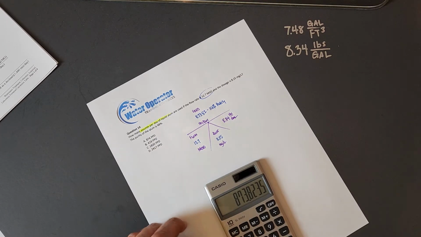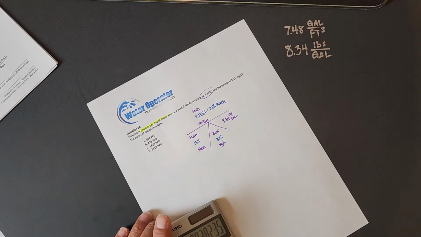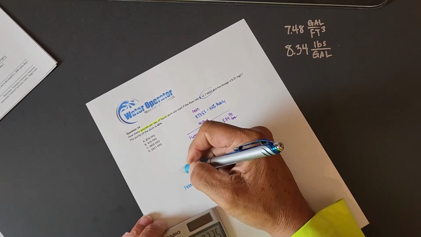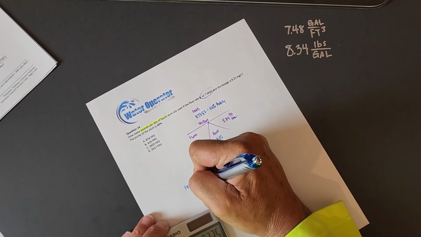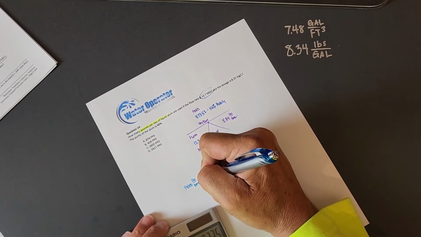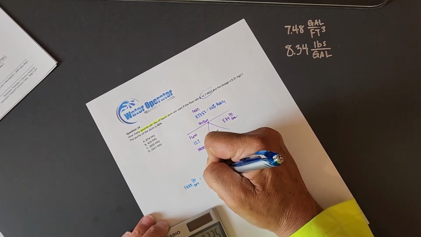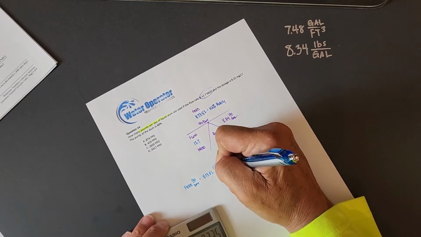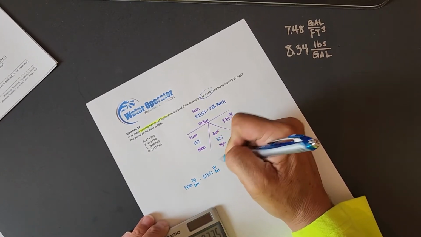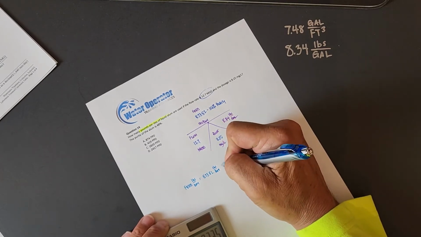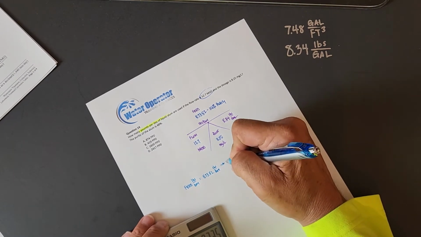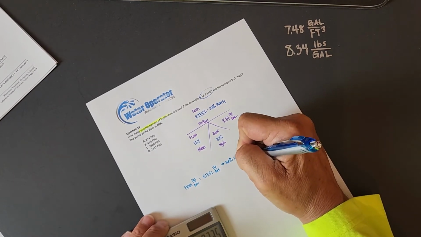Well, what we're going to do is take the feed. Let's start with this. We're going to take the feed in pounds per day equals 873.82 pounds per day, which is 100% purity.